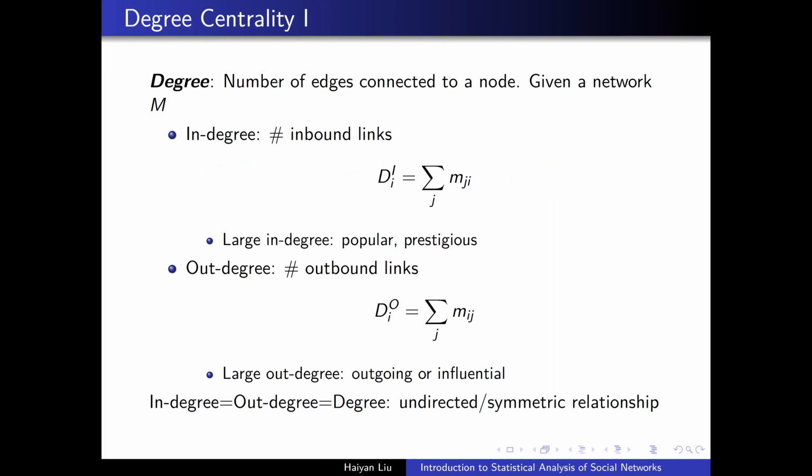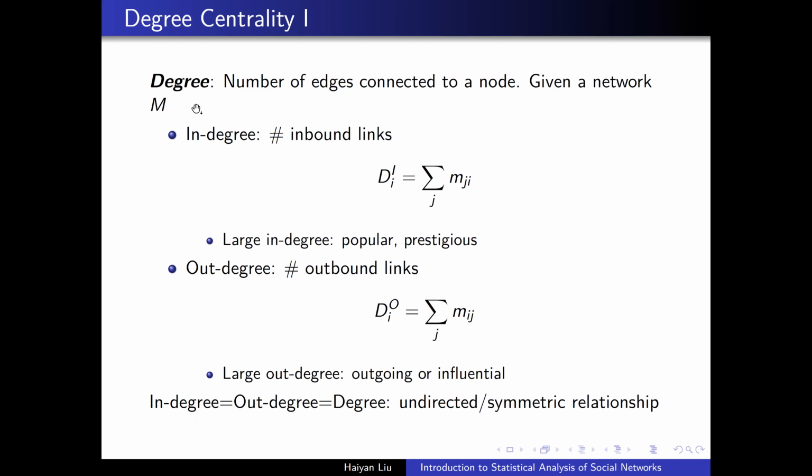Now, degree centrality is really about the number of edges connected to a node. Of course, depending on the direction of the connection, we could have in-degree, which is the number of inbound connections to that node. We could also have out-degree, which is the number of outbound connections from that node.